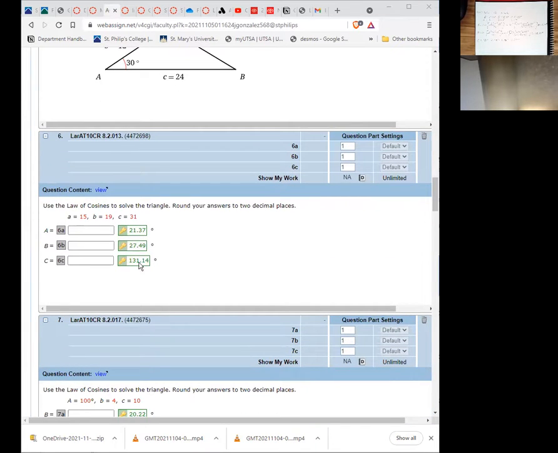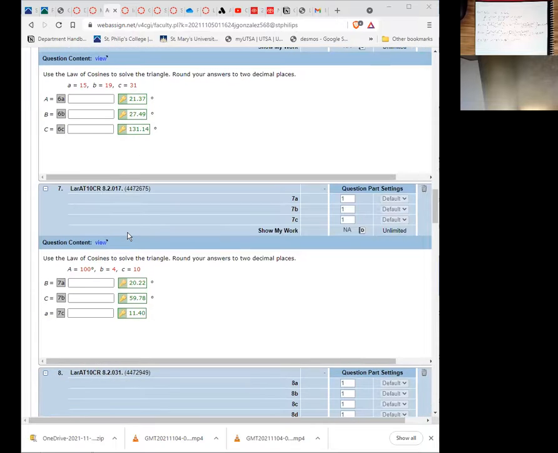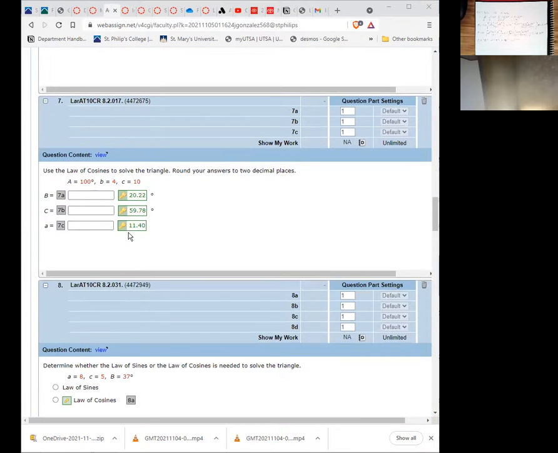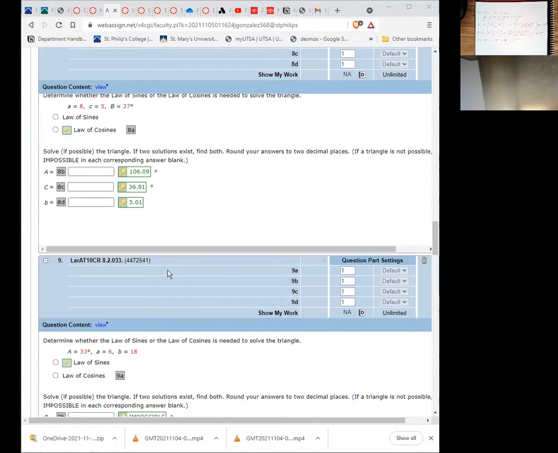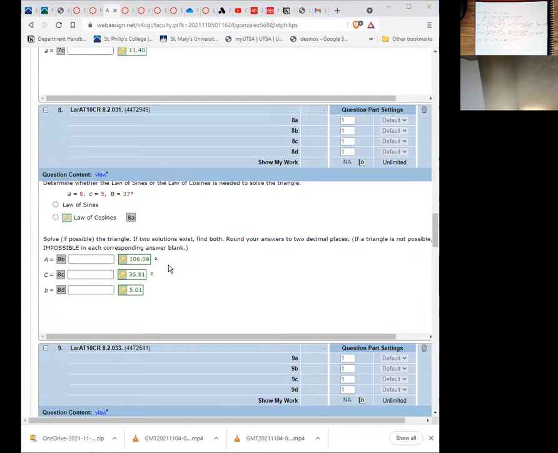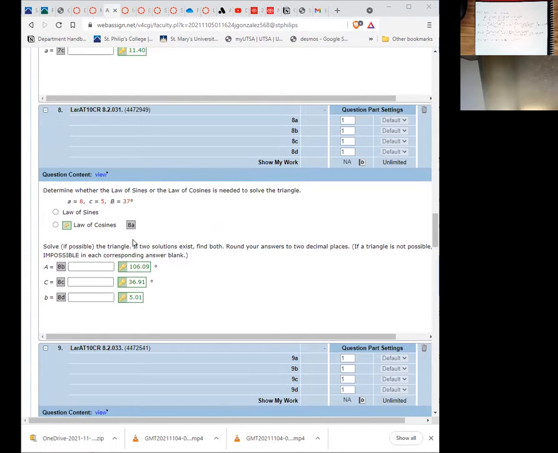Okay. Case 4. Let's see here. If you look at this one, do you see why you have to use log cosines? Because there's no opposite side for the angle.